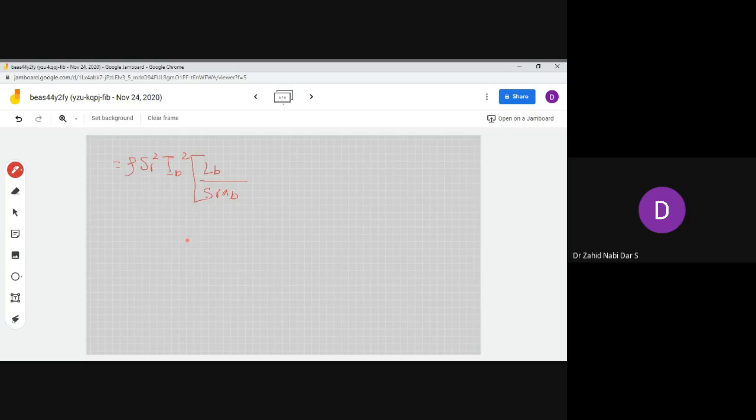So we have this value, the final value. So we can write LB SR B plus 2 by pi into DE rho square AE.